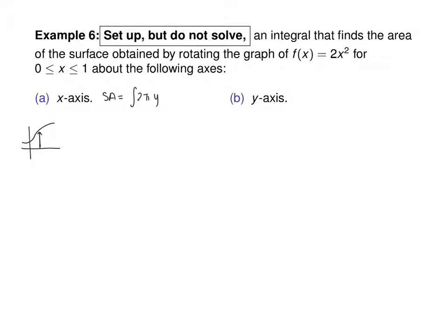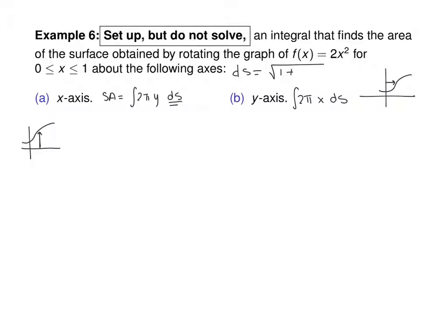That tells you the circumference of your slice times the length, which is this thing we're going to call ds. And we'll explain what that is in a moment. If you go about the y-axis, now it's 2 pi x, because the radius of your slice is now an x, times ds, which is the length of the slice.